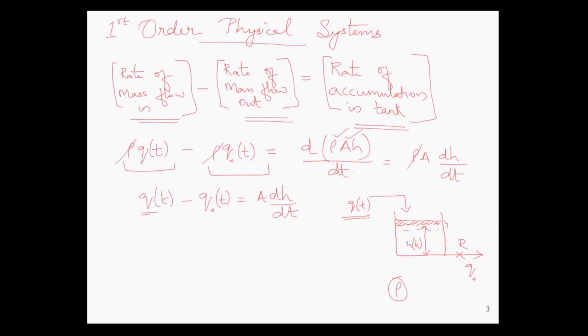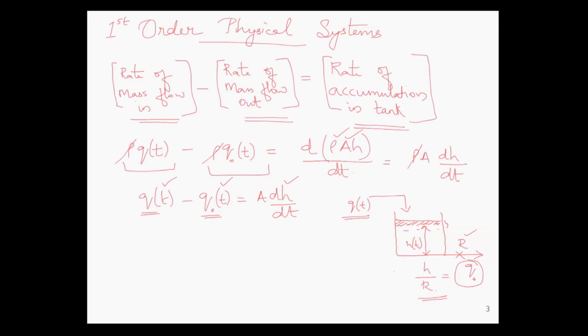Here Q varies with respect to time, the outflow also varies with respect to time, and the height H is also varying with respect to time. Now this volumetric outflow will depend on the height of the liquid as well as the resistance to the outflow. So Q naught is equal to H by R. So it is directly proportional to the height.